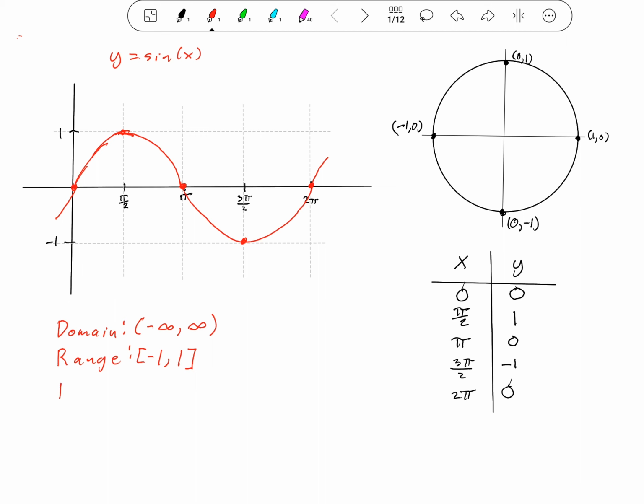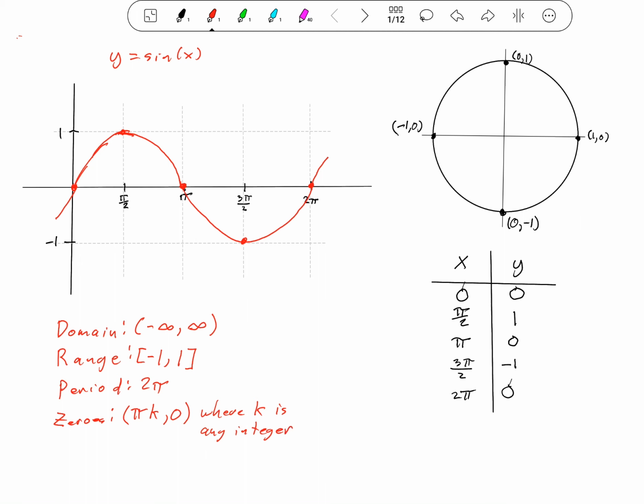My period is 2 pi, meaning once you've moved to 2 pi, you just start repeating what you've already done. And I can look at my zeros, and my zeros come in the form of pi times k, comma 0, where k is any integer.